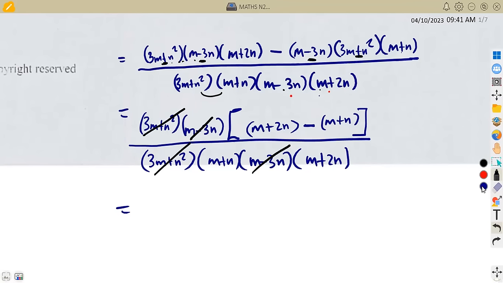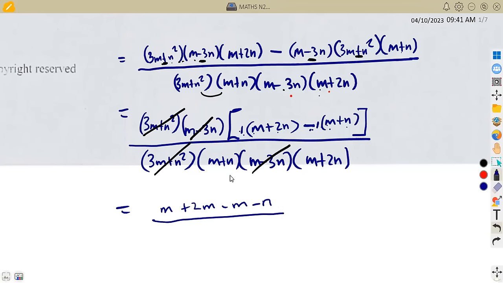So that means we can simplify our numerator now by expanding the brackets. Here there's a 1, so it's 1 times m, which is m, 1 times 2n, which is 2n, minus 1 times m, which is minus m, minus 1, this is a negative 1, so it's negative 1 times m, negative 1 times n, which is negative n.